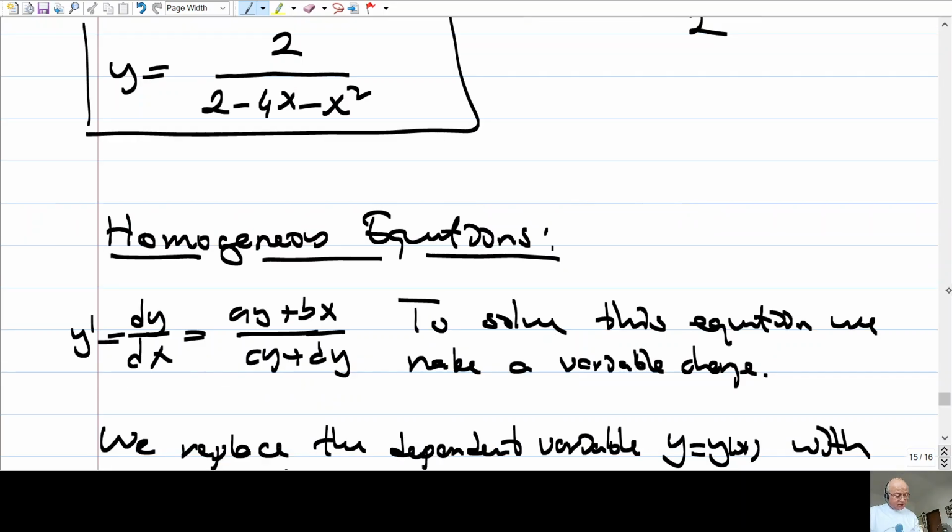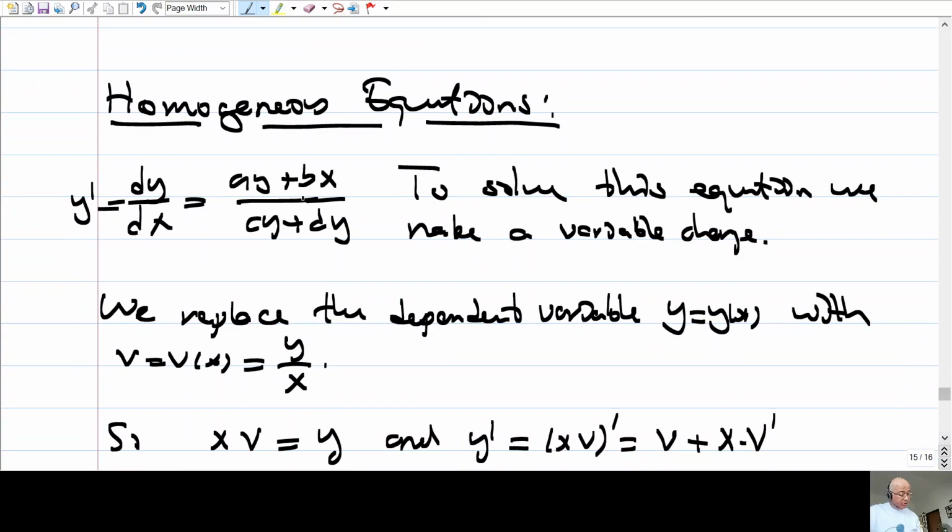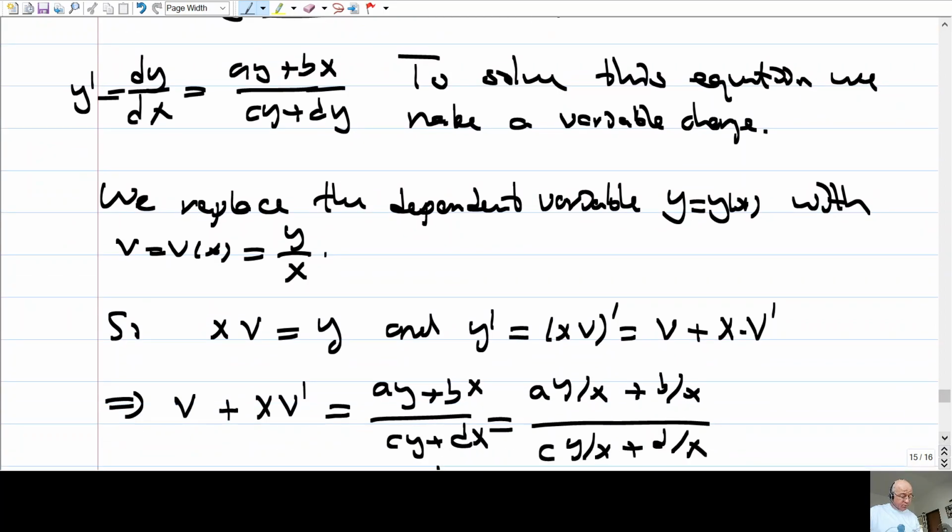Yeah, I am sorry, I started with the wrong expression. This is the correct expression to start with. In general, this is neither linear nor separable, but once you make this substitution, it becomes separable. Okay. Yes.